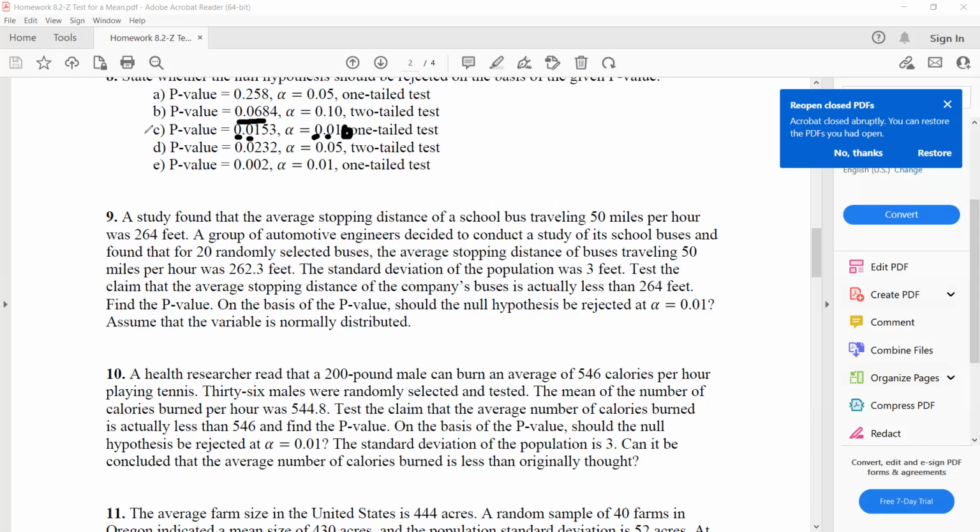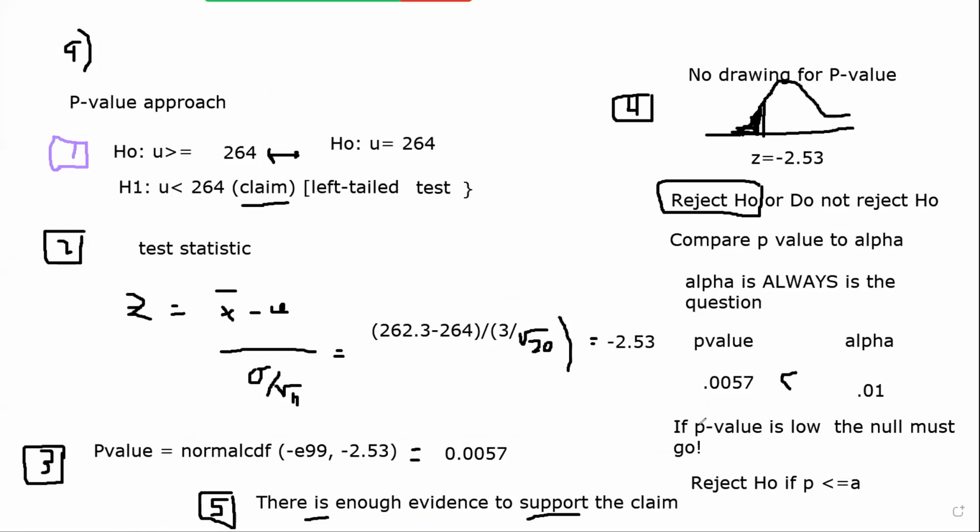So what does that mean for part C? If the p-value is larger than alpha, it means it's bigger. Right. And what are we going to do with the null hypothesis? When the p-value is big, do we reject the null or not? Okay, let's look back at the rule so we can see it. If the p-value is lower than alpha, we reject the null.